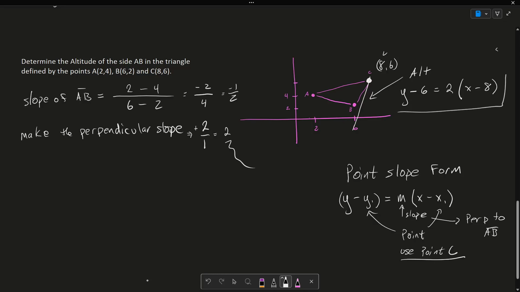And this is the altitude for side AB of triangle ABC. And it's a full-on line. Exciting. There you have it, an altitude.